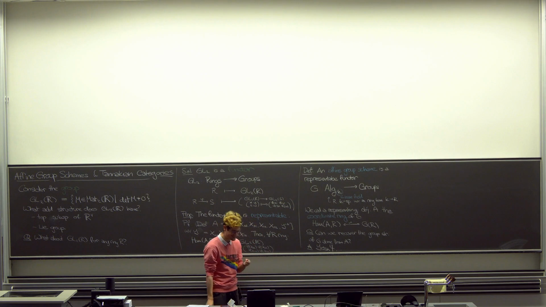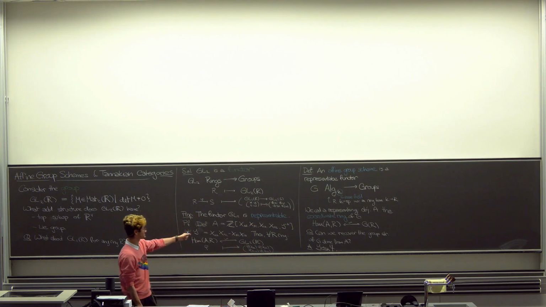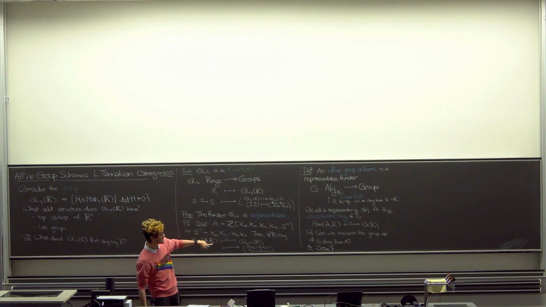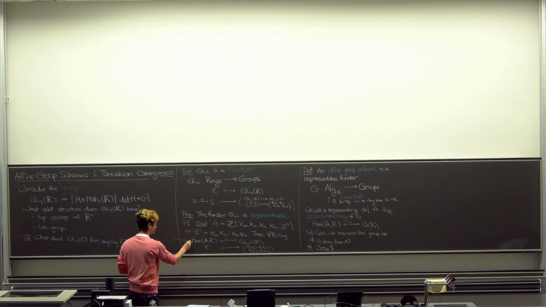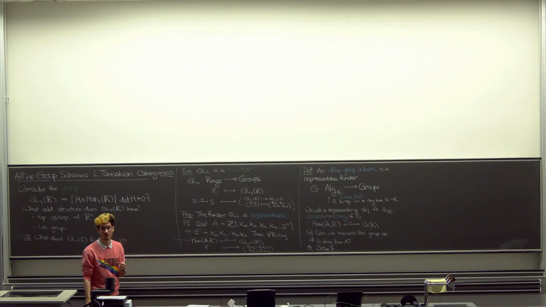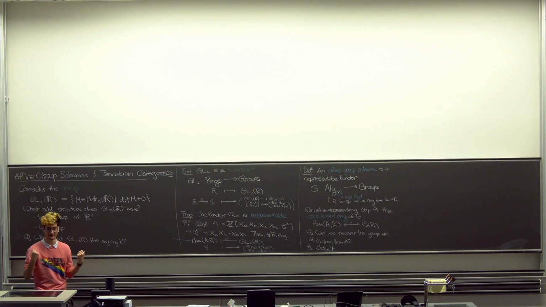The reason is, with this representation that I have here, this bijection that I've written here is only a bijection of sets. The problem here is that the homomorphism of rings is not a vector space. I cannot add ring homomorphisms and expect that it's still a ring homomorphism.